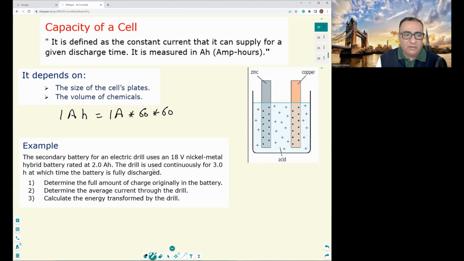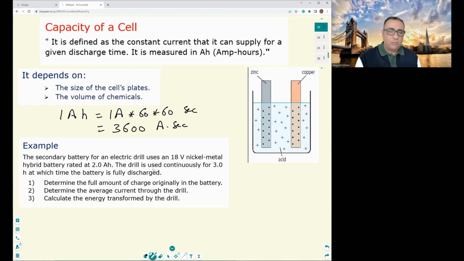So then you will end up with 60 times 60, okay, amp second. I know it doesn't sound like an industrial unit, but in terms of problems, when you start to solve questions, what we are going to do right now, we need to convert everything into SI system. Anyway, let's have a look at this question here.